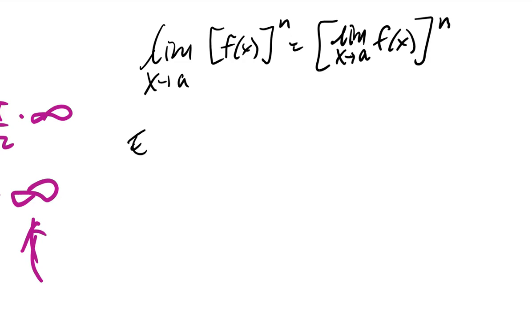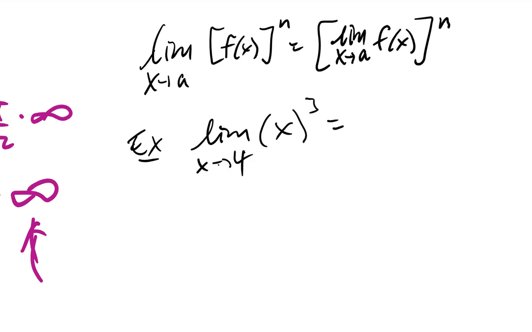An example of this would be the limit as x goes to, let's say, x to the 3 power, not 1. Let me make that a 4. So you could plug the 4 in.